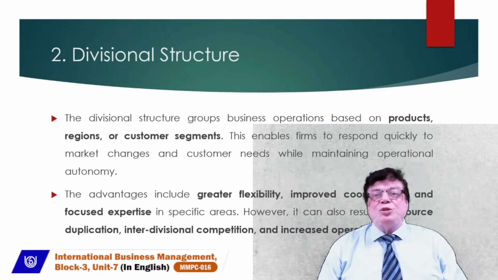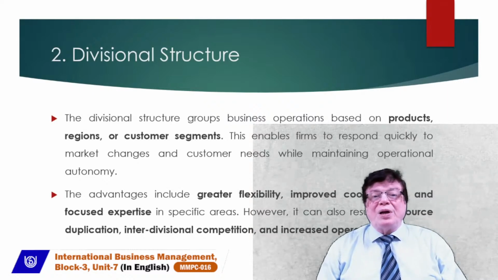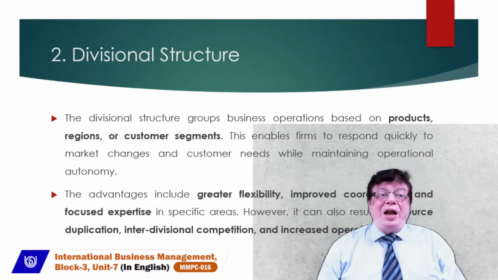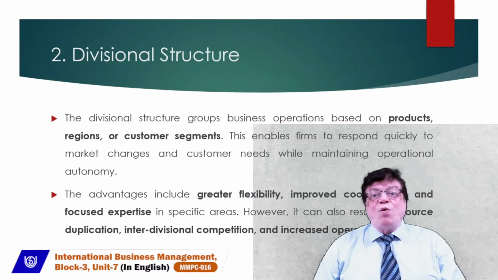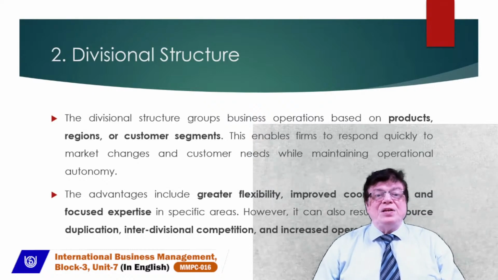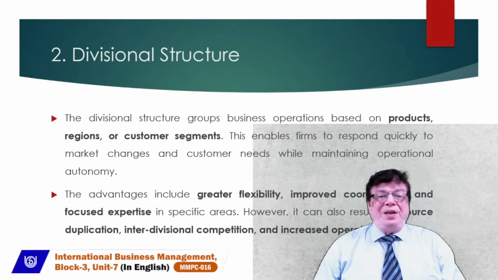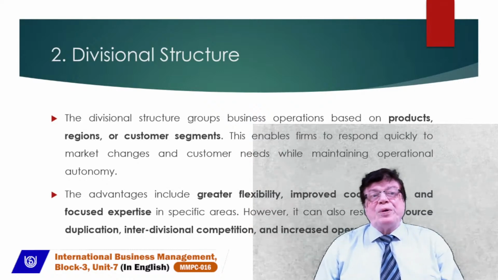This enables firms to respond quickly to market changes and customer needs while maintaining operational autonomy. The advantages include greater flexibility, improved coordination, and focused expertise in specific areas. However, it can also result in resource duplication, interdivisional competition, and increased operational costs.